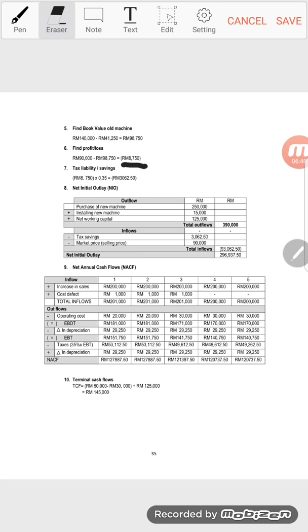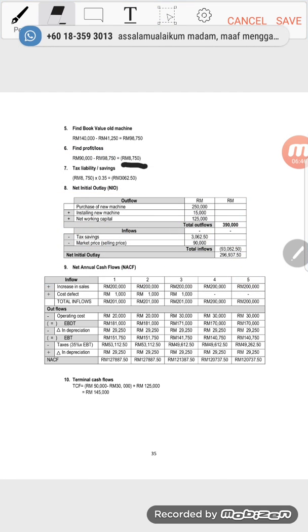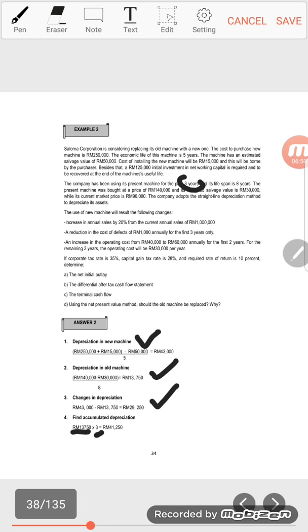This 125,000, you will get this figure from the first paragraph, which is the 125,000 initial investment in net working capital. So this is the information.